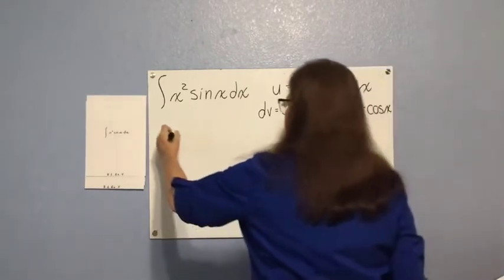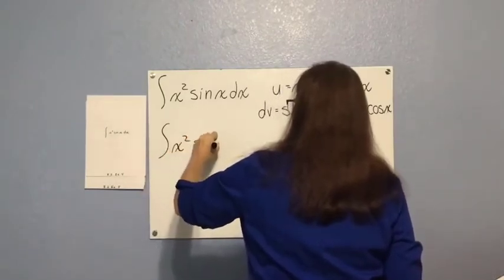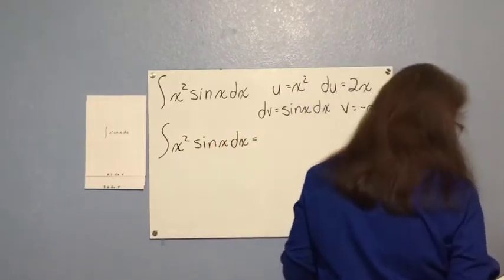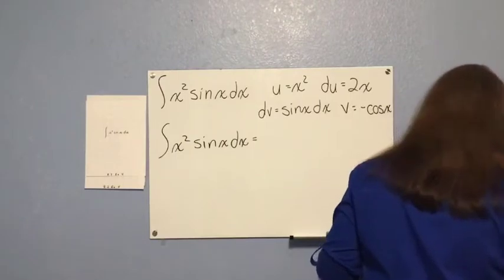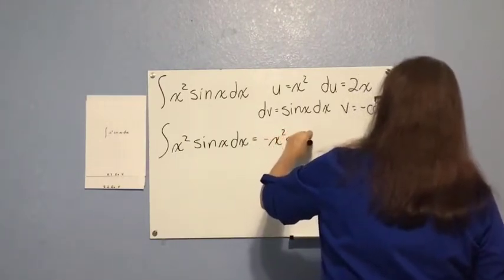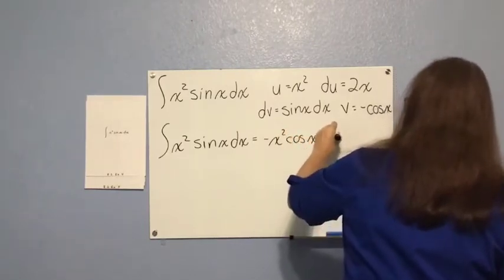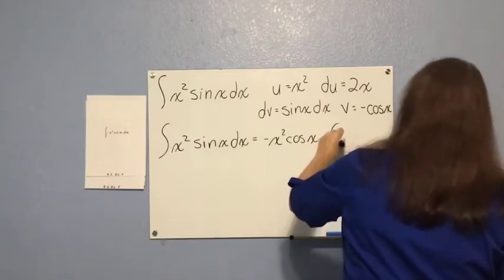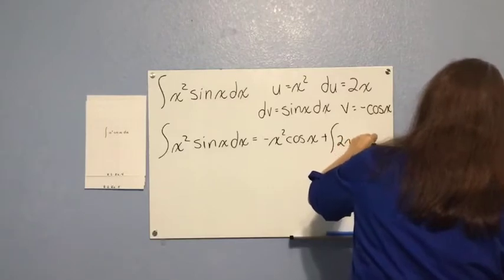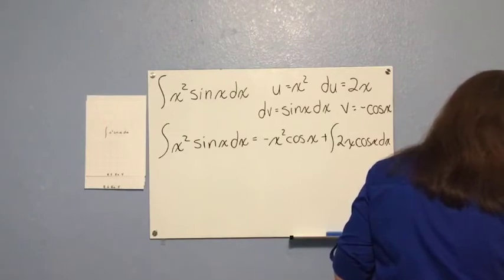Okay, integrating by parts gives us the integral of x squared sine x dx is equal to negative x squared cosine x plus the integral of 2x cosine x dx.